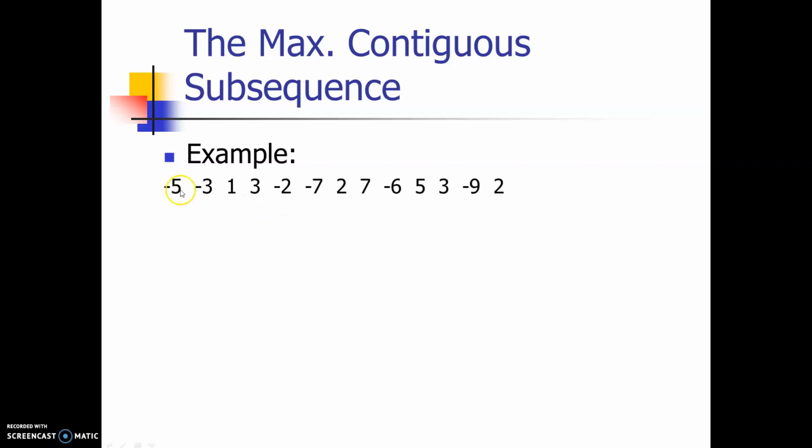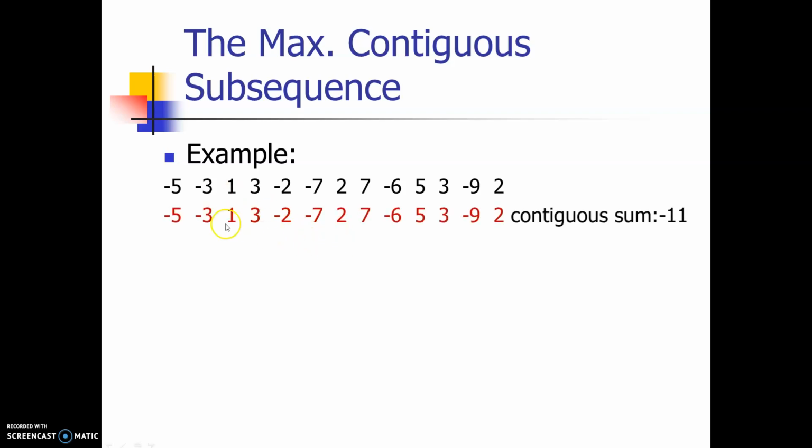If we start with the first one and include the next one, then we get a negative 8. Obviously, this is not going to give us the maximum value that we are looking for. So let's take a look at this. If we sum up all the values, we get a negative 11. Obviously, this is pretty small and it's not the maximum value.